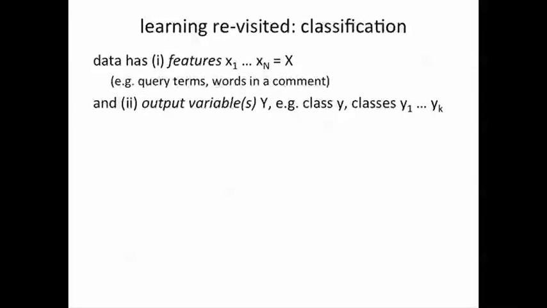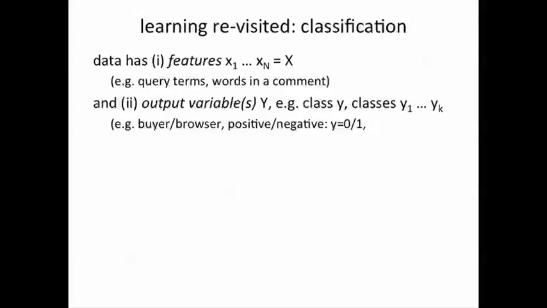And then we have some output variables, which are the labels that we would like to assign to a class, whether a positive sentiment or a negative sentiment, or a buyer or a browser. In this case, we'll say the output variable is a 0 if it's a buyer, a 1 if it's a browser, a 0 if it's negative, a 1 if it's positive, and so on.